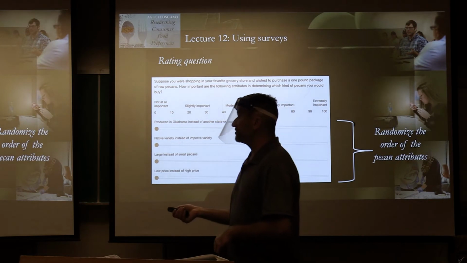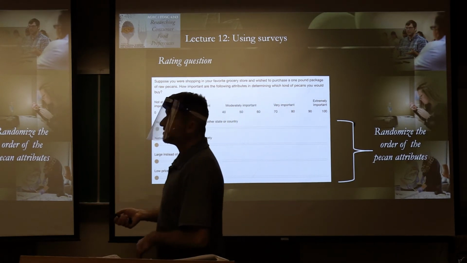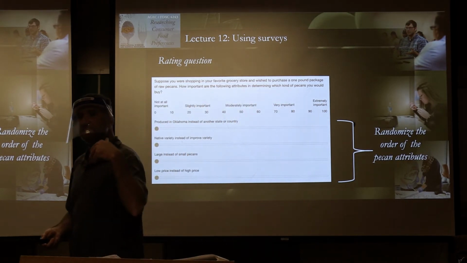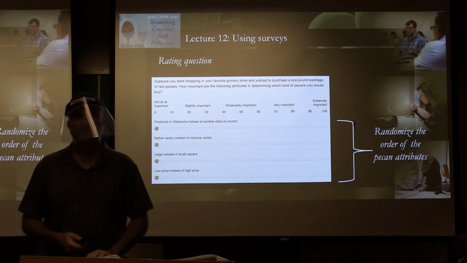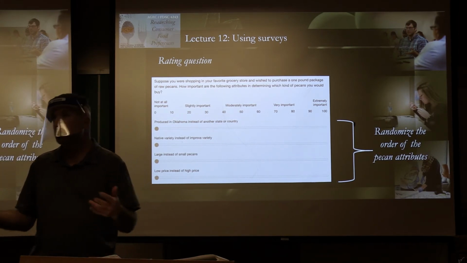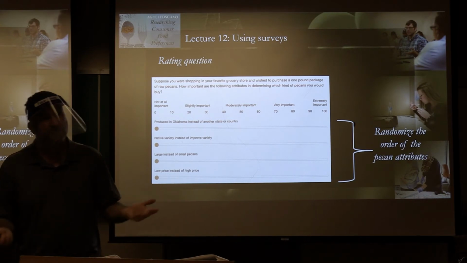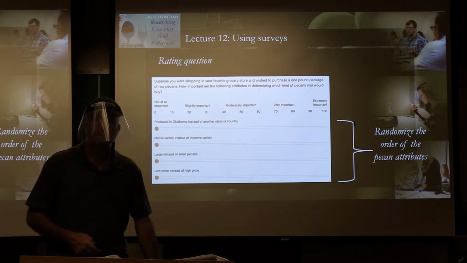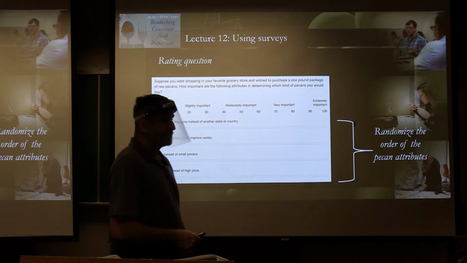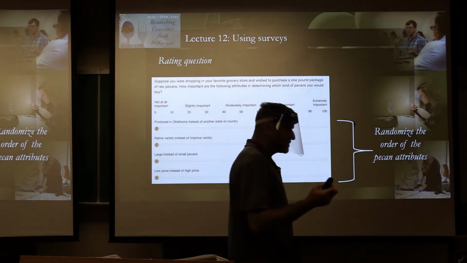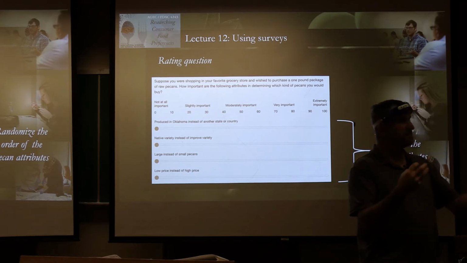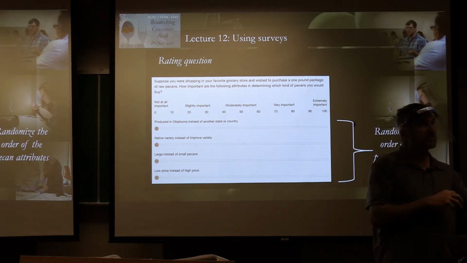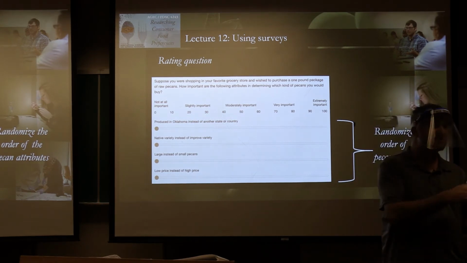Another thing you could do is, instead of this attribute here, I would probably say just have native variety, and then another scale, improved variety. There's no other possibility, but that's okay. It's okay for a question to be slightly leading or a little biased if other people in the sample are asked a different question with the offsetting bias.